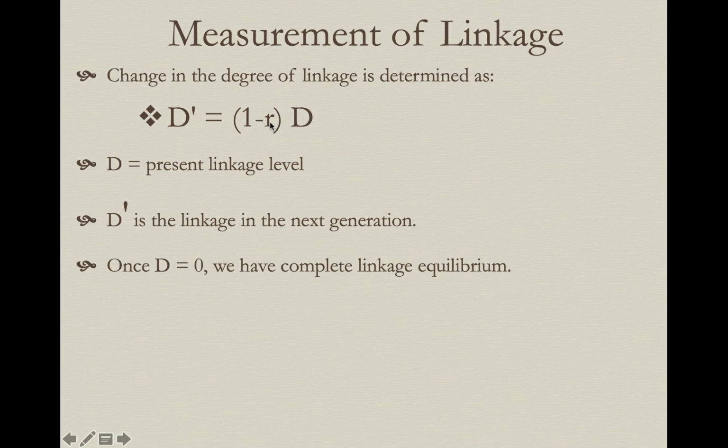Now, let's say that this is the opposite. It's 0.5. We're at 1 minus 0.5, that's half. So you take D, divide it by 2, or multiply it by 0.5, and we're reducing the amount of linkage disequilibrium in one generation by a half. So think about the range at which R is going to affect D changing to D prime.